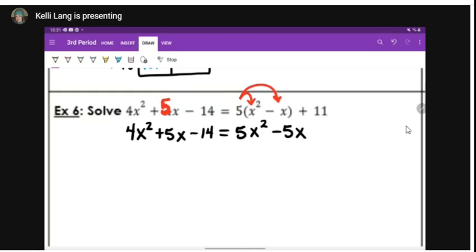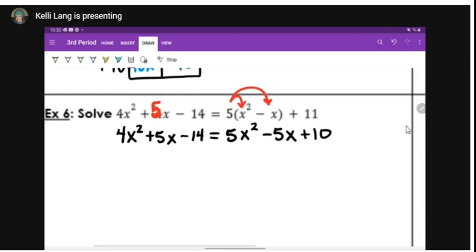That will become 5x squared minus 5x. Everything else stays the same. And now it's time to try to get this into standard form equal to 0.